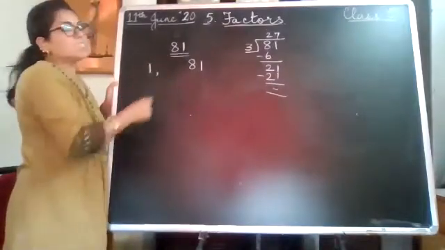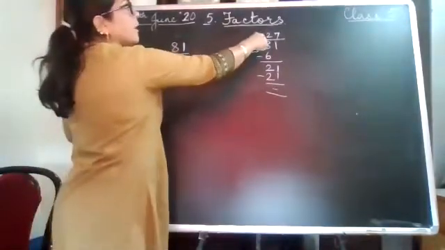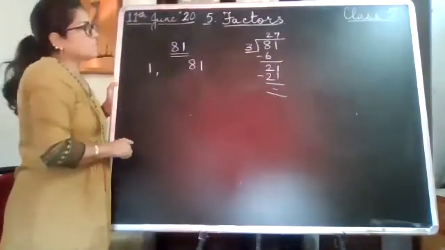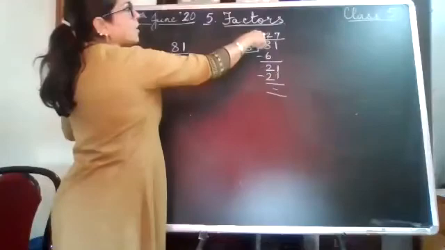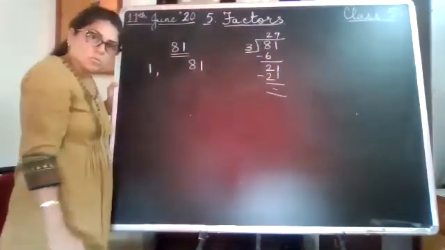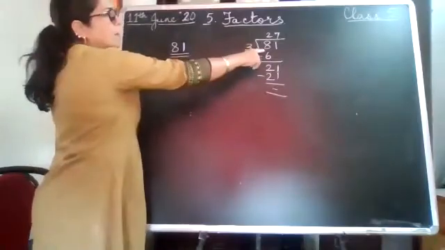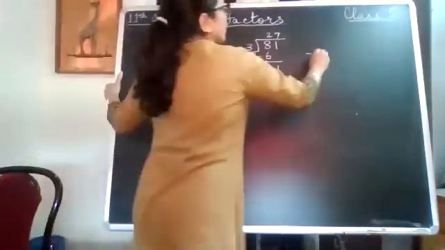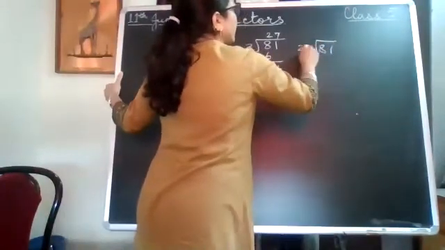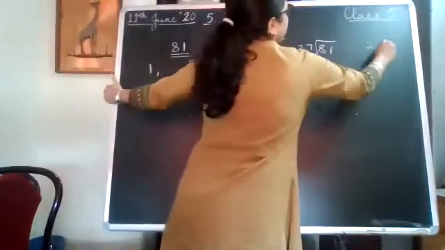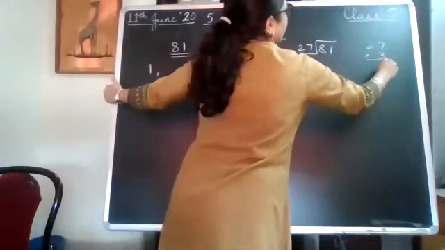Okay, so I know that 3 divides 81. Now whenever you do this division, whatever quotient you get, that also is a factor of this number. It means if 3 divides 81 27 times, 27 also divides 81 3 times. So if you divide 81 by 27, you will get 3.